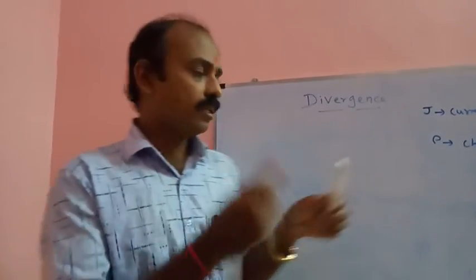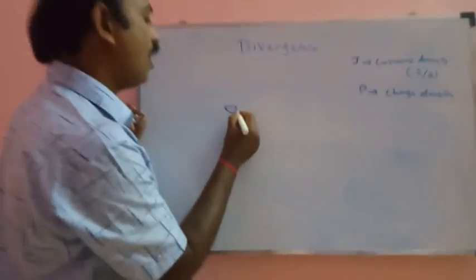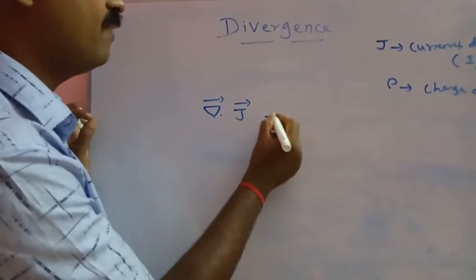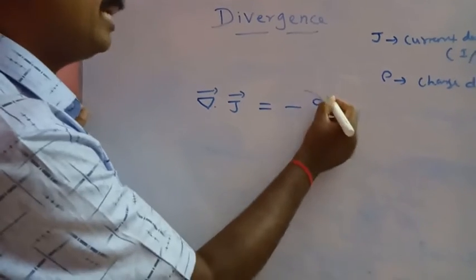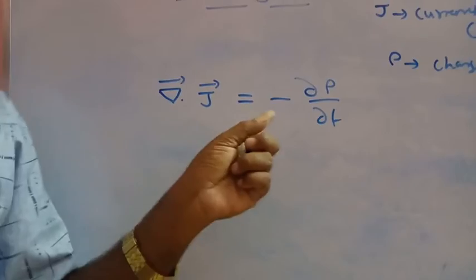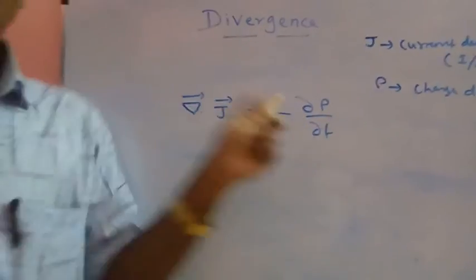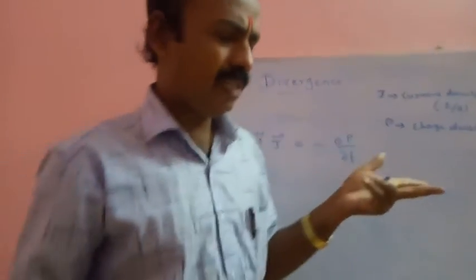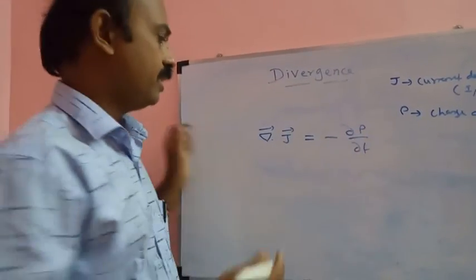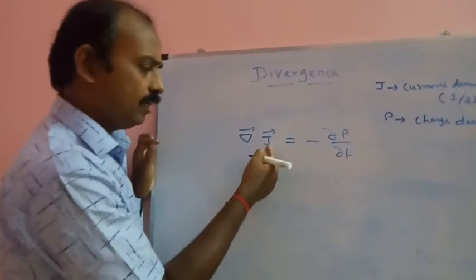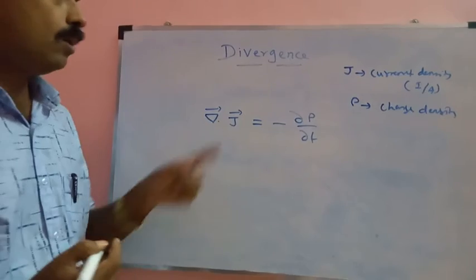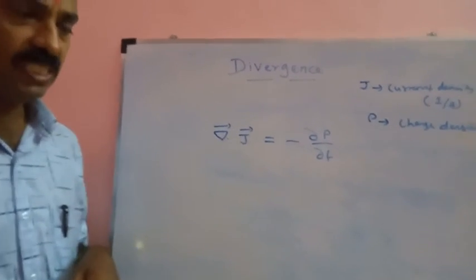The divergence of J, the current density, is equal to minus dou rho by dou t. There is an interlink between current and charge. So del dot J is equal to minus dou rho by dou t.